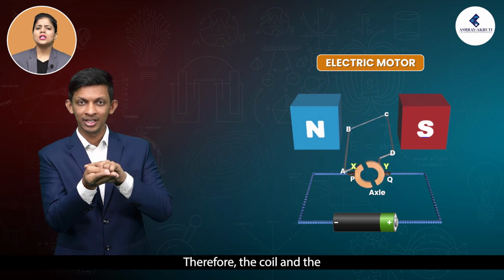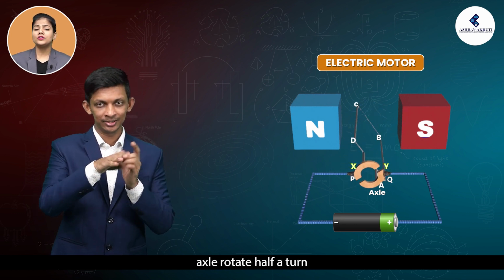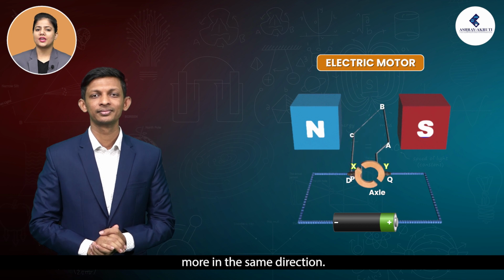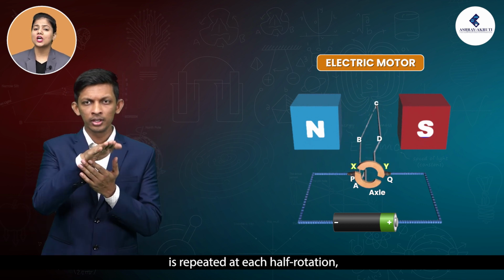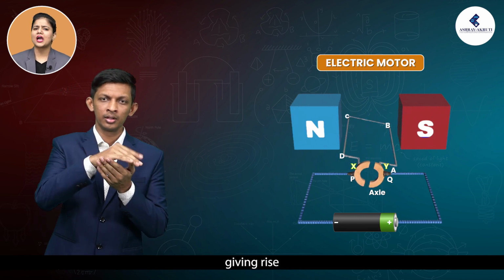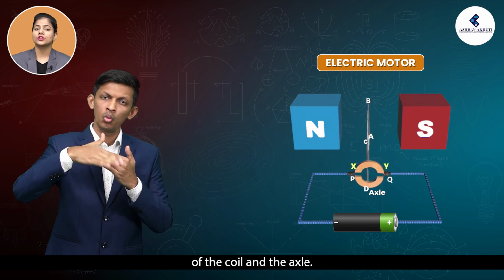Therefore, the coil and the axle rotate half a turn more in the same direction. The reversing of the current is repeated at each half rotation, giving rise to a continuous rotation of the coil and the axle.